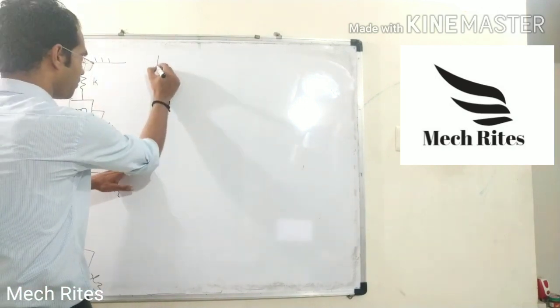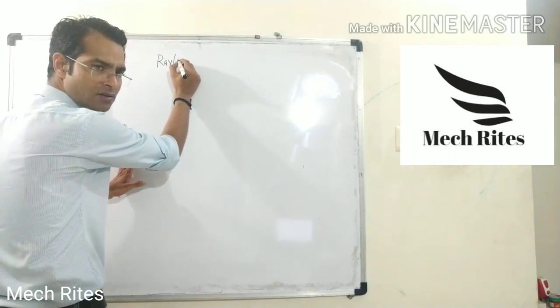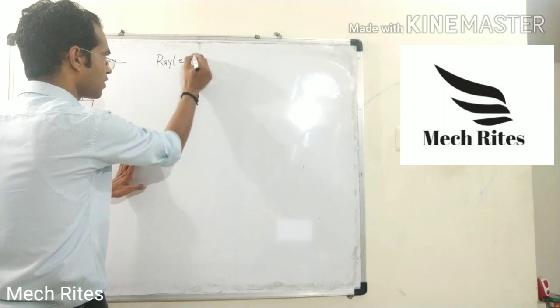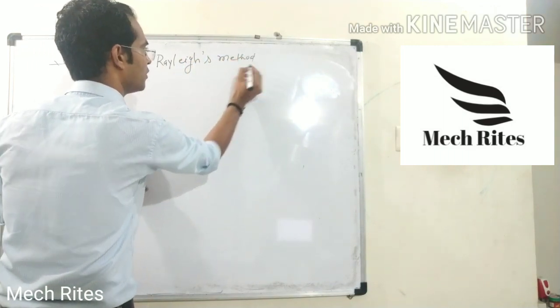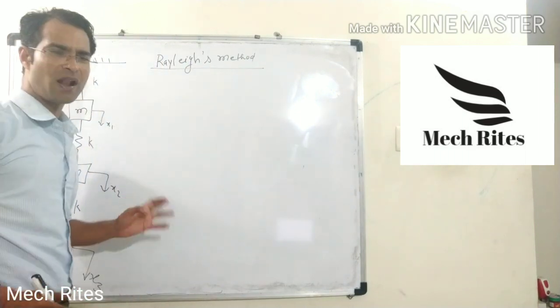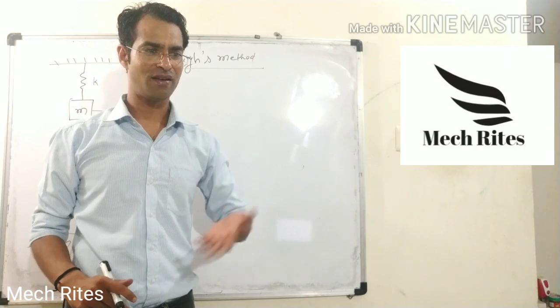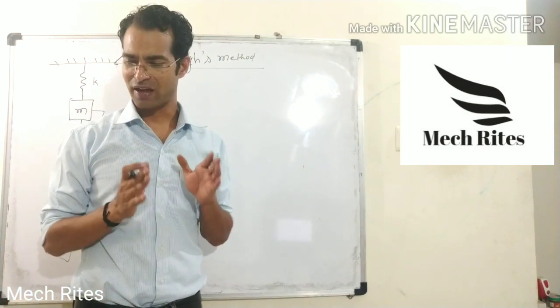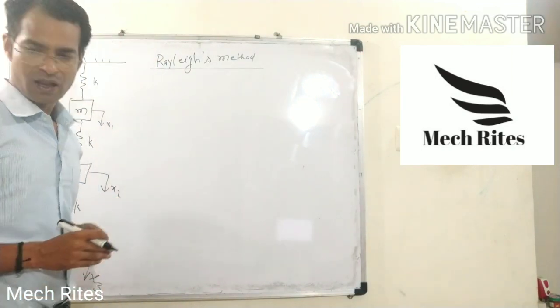So what is our topic? Rayleigh's method. People are solving this question with different procedures like the matrix method, but that is not the actual process to solve the question. So how to solve this question?